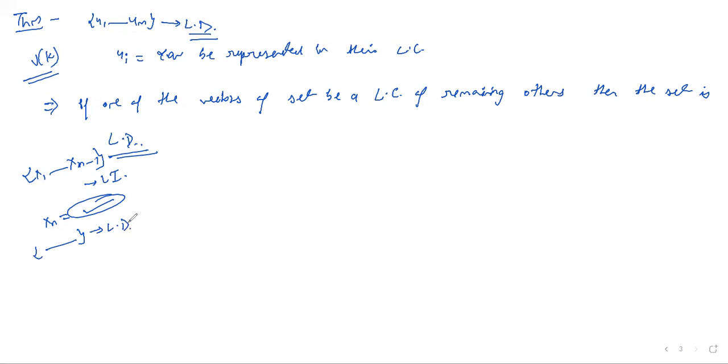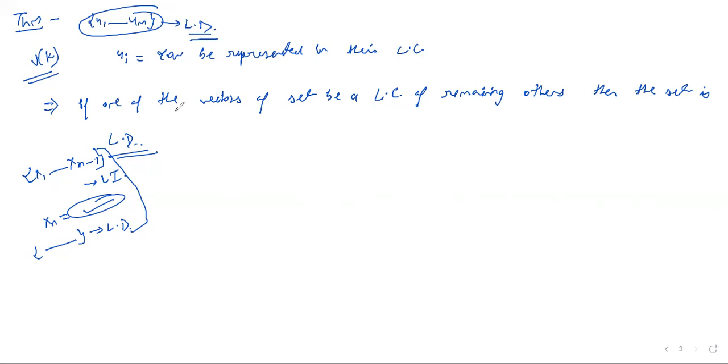So what did we get from here? What we did in the previous example is an important result, which can be said in two ways. If I have a set of vectors which is linearly dependent, then at least one of the vectors from this set can be represented as a linear combination of the remaining vectors.